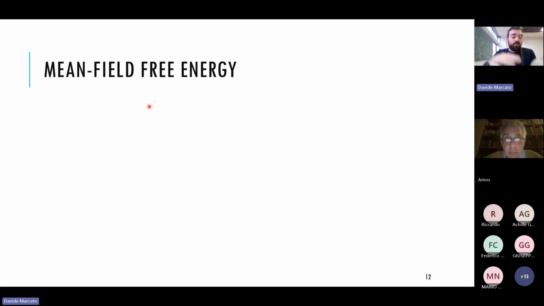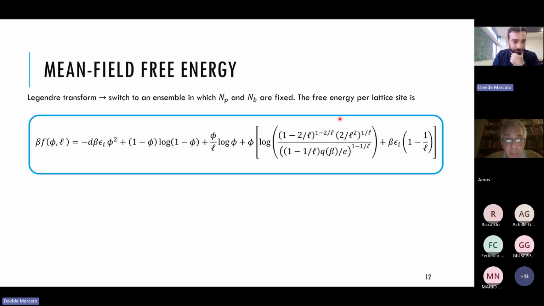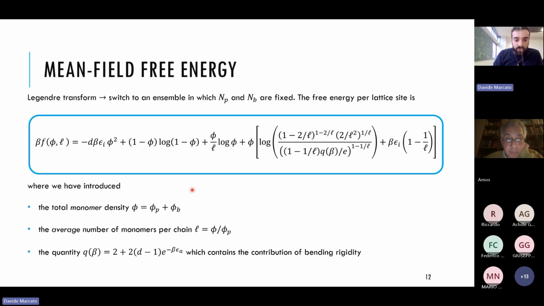So basically, we want to go to the canonical ensemble, and in order to do that, you basically compute the grand potential, and then you do a Legendre transform, and in doing that, you get the Helmholtz free energy per lattice site, which is given by this expression here, where now we have introduced some new quantities.